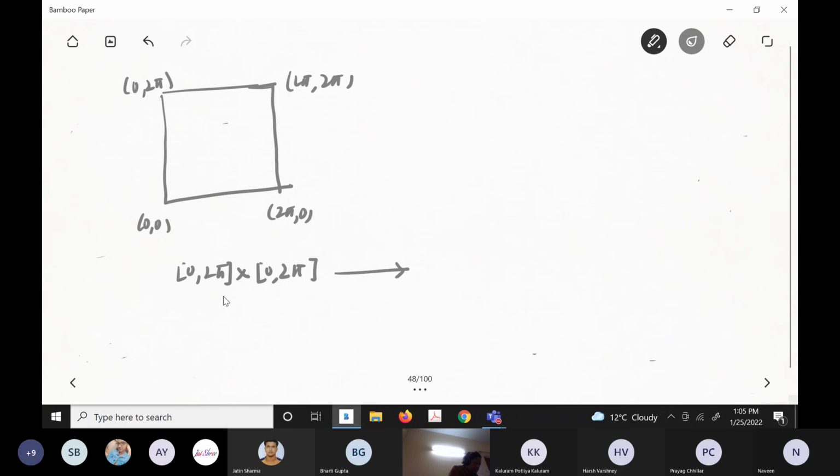So look, x, 0. That means x, 0 is somewhere here.